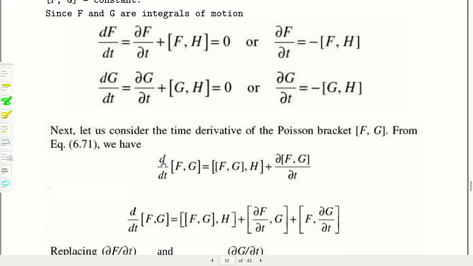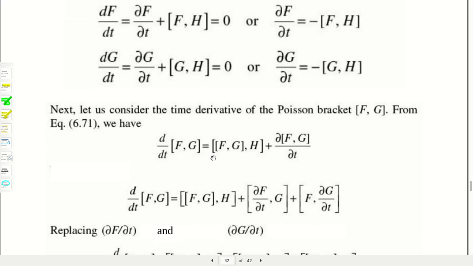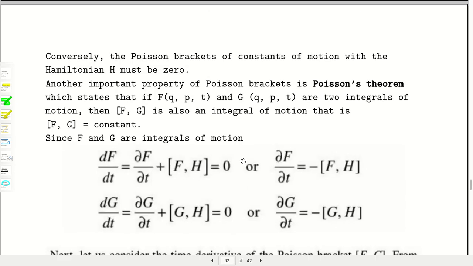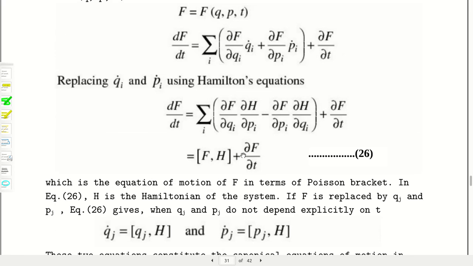Let us start from d/dt of the Poisson bracket of f comma g. Using Hamilton's equation of motion, you can write the Poisson bracket of the Poisson bracket of f comma g with H plus ∂/∂t of the Poisson bracket of f comma g. What we have used is simply the formula df/dt is equal to the Poisson bracket of f comma H plus ∂f/∂t. In place of f, we have placed the Poisson bracket of f comma g.